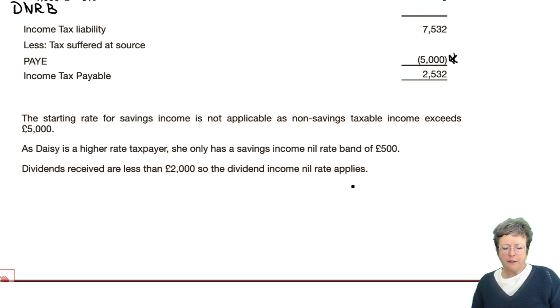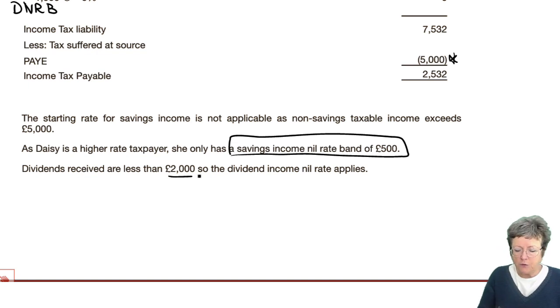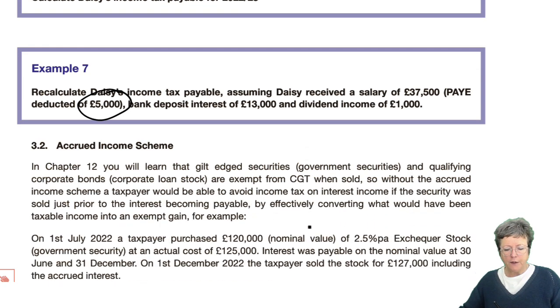The starting rate for savings income is not applicable because it's over 5,000. Daisy is a high rate taxpayer. She only gets a savings income nil rate band of 500, and dividends are less than 2,000, so she pays 0% on that. Excellent. So those are the 7 examples that deal with this.